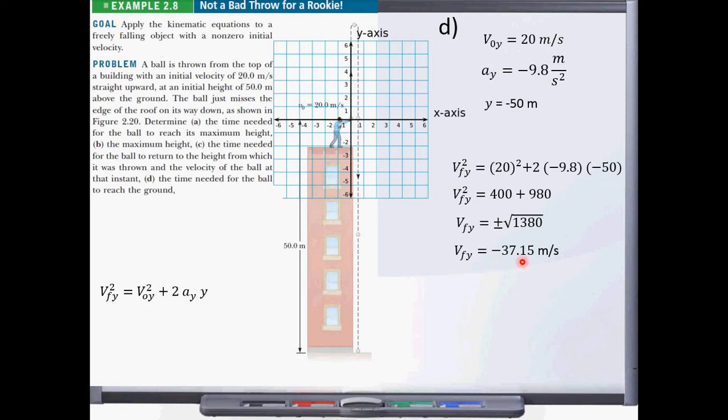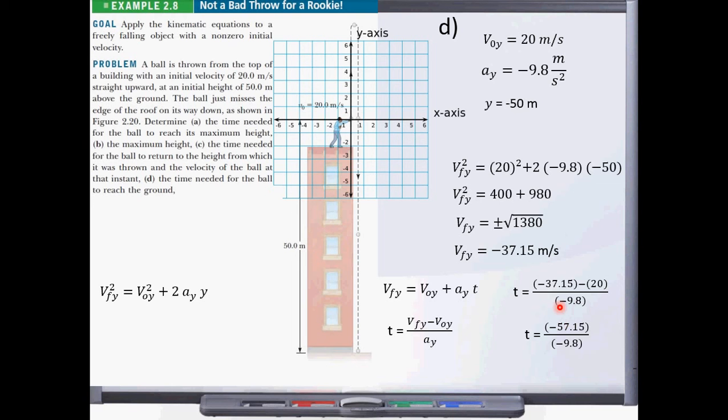With this value of the final velocity, we can calculate the time using the first kinematic equation. The only thing you have to do is isolate the time. Now you replace values: minus 37.15 minus 20, the initial, divided by minus 9.8, the acceleration due to gravity.